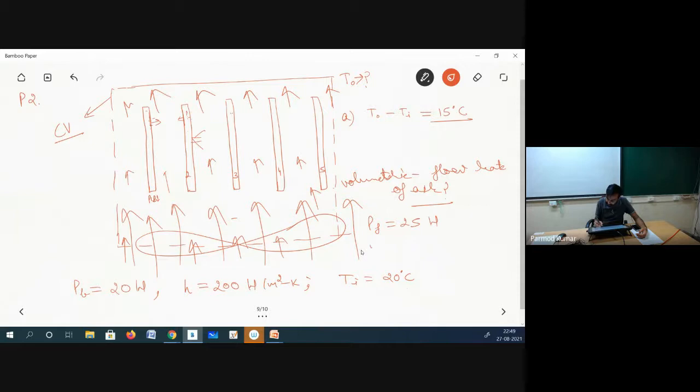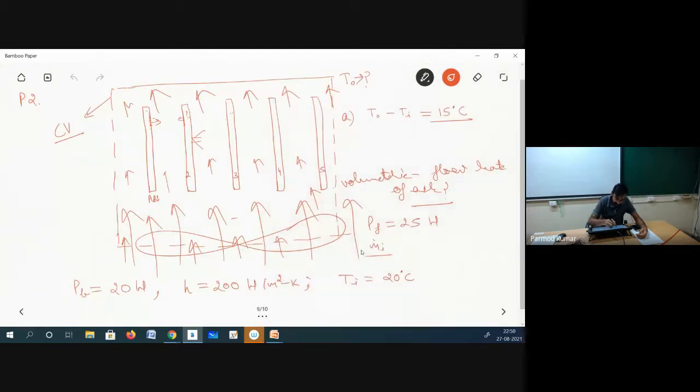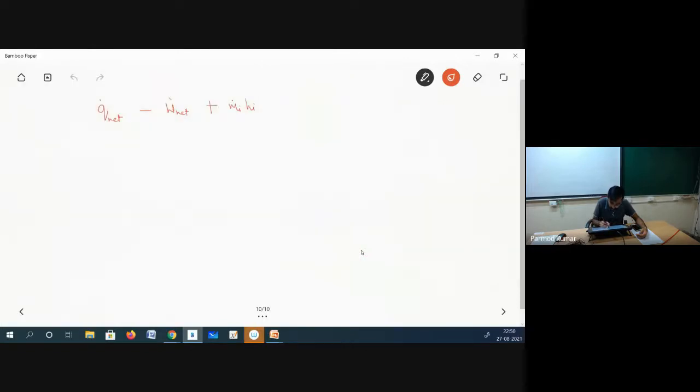Say m dot i is the rate at which mass is entering, so I can write m dot i, coming with enthalpy hi, and then some mass is leaving the control volume from here, say m dot o, so minus m dot o times ho. And under steady state conditions, there will not be any change in the energy content of the control volume.